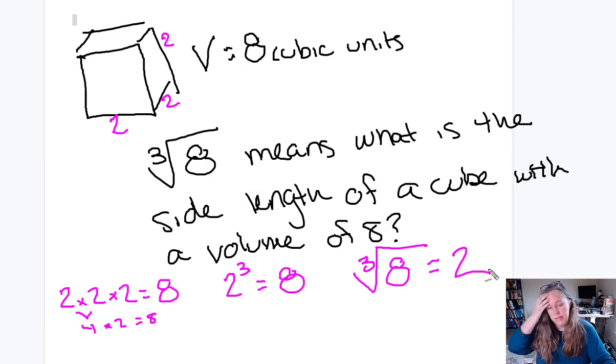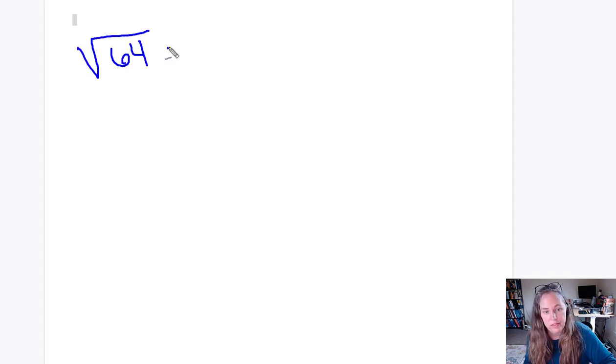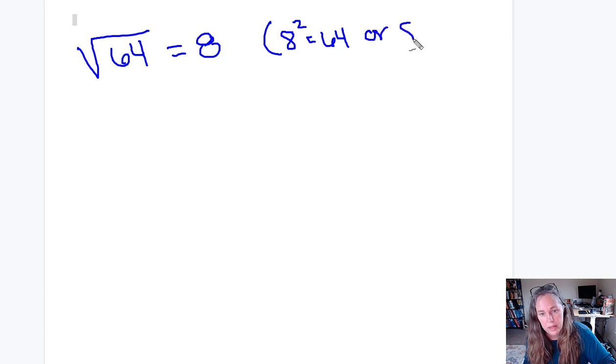Okay, and a lot of you asked me in the last video, is there a formula for square roots? And there is not. So to be able to do the square root of 64, you just have to know that 8 to the second power is 64, or 8 times 8 is 64.